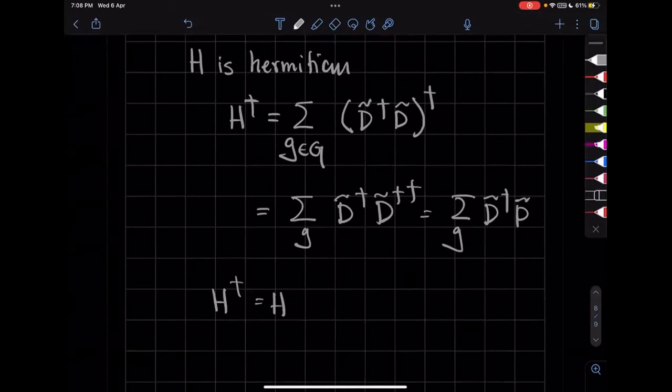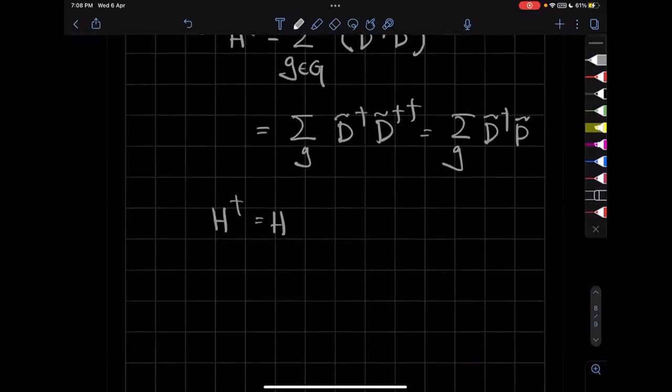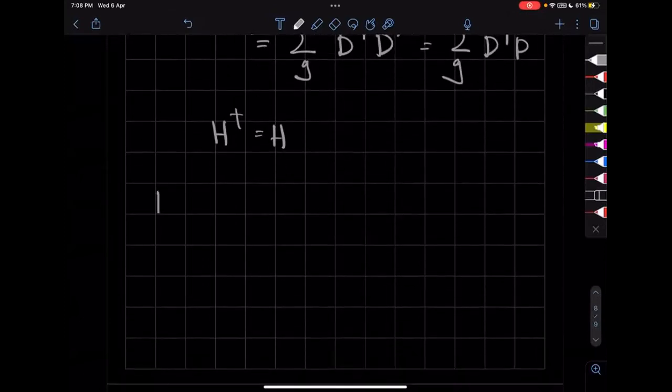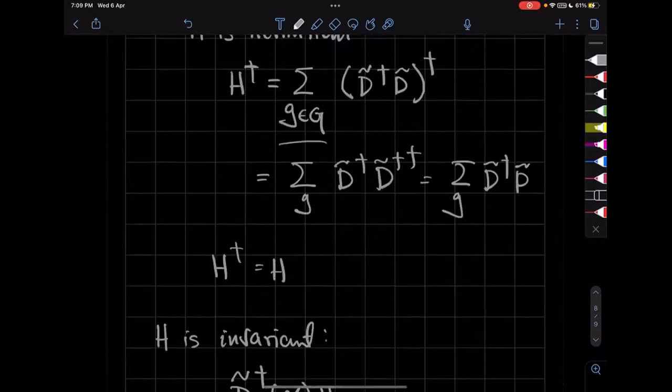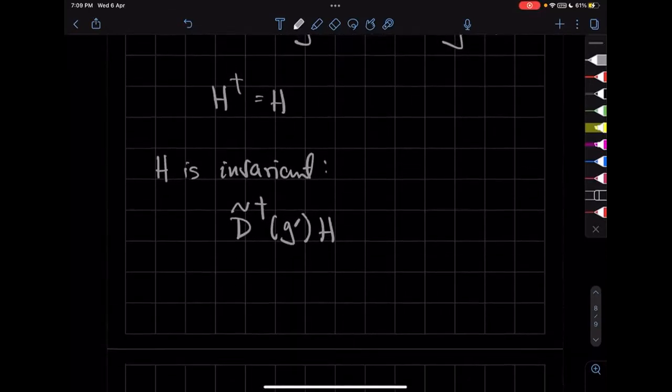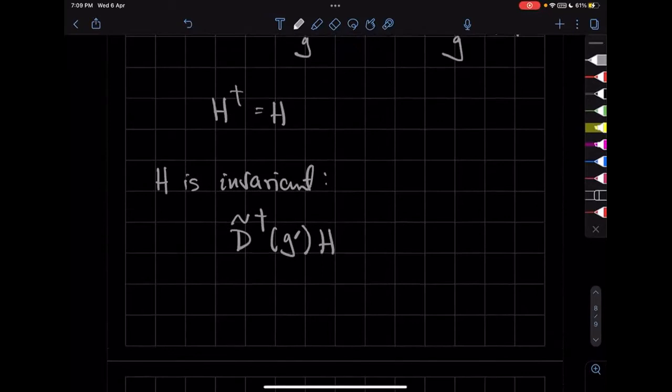Okay, the next thing we will show is that H is invariant under the following transformation. Invariant in what sense, you ask? Well, if I take d tilde dagger of, say, G prime, H is, of course, not a function of G because we have summed over all G. So the dependence on G has been summed over or integrated over.